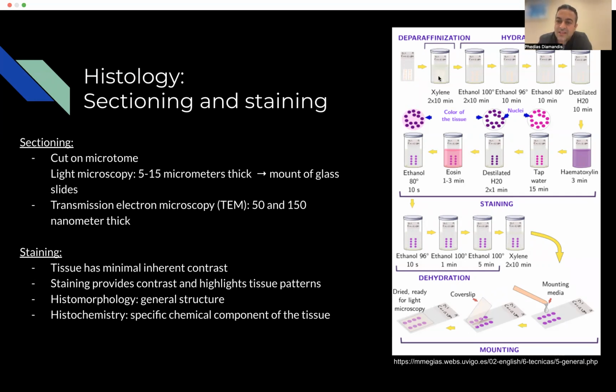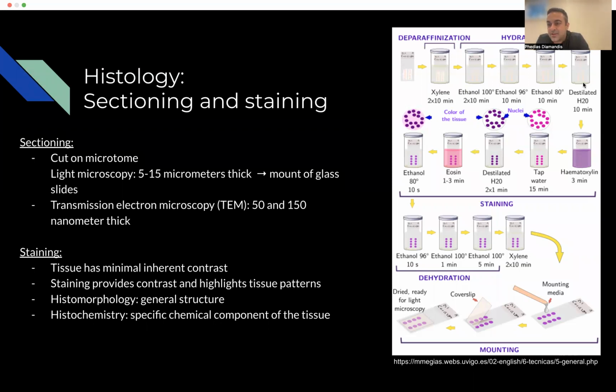We put it into xylene, in this particular protocol, 2 times 10 minutes. This will remove the wax, and then we progressively put it into ethanol mixtures that contain more and more water. So this is 100% ethanol, whereas this is 96, 80, to allow water back into the tissue in a gradual process.